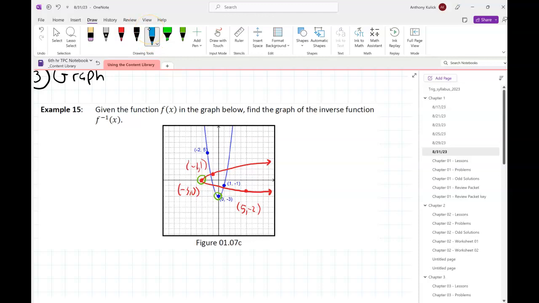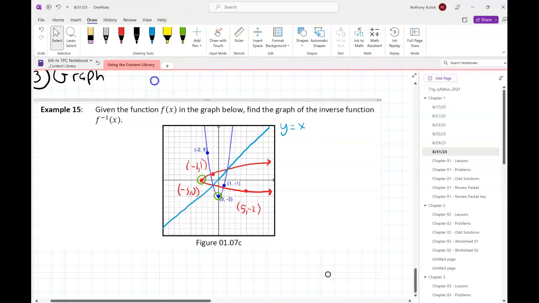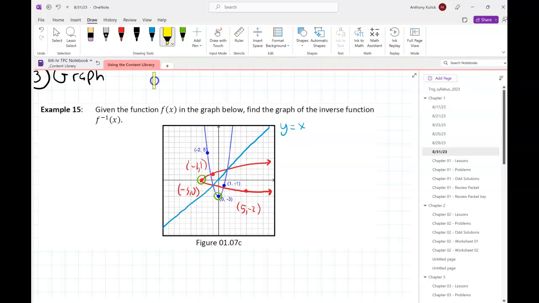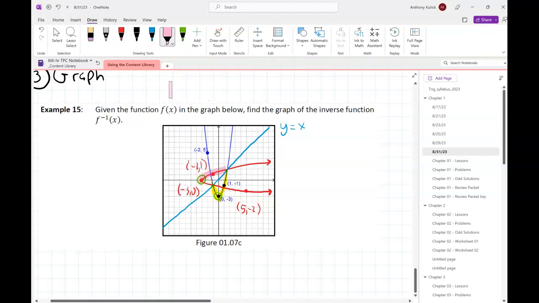Now, you might have also remembered from your Algebra 2 class that we can think about the inverse of a graph as a reflection across the line y equals x. If I look at, say, this part of my function, when I reflect it across that line, y equals x, I get this part of my inverse, right?